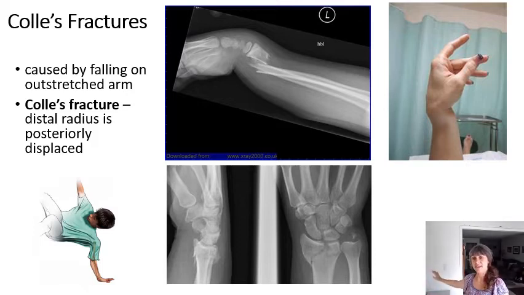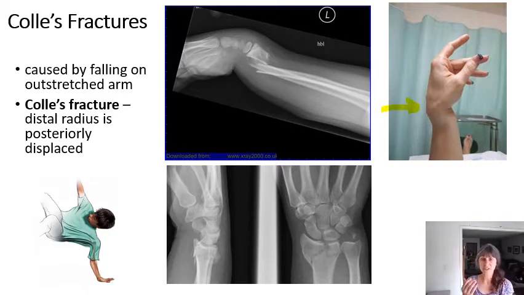So if a person puts his hand out to break his fall, and that causes a fracture of the distal radius, and that fracture causes posterior displacement, which we can see in the upper right hand picture. Remember, the back of the hand is posterior.